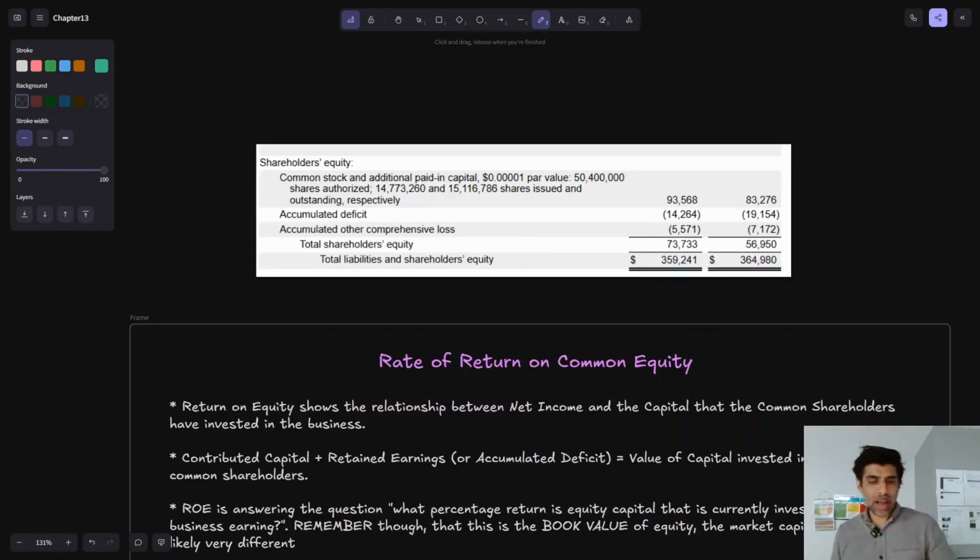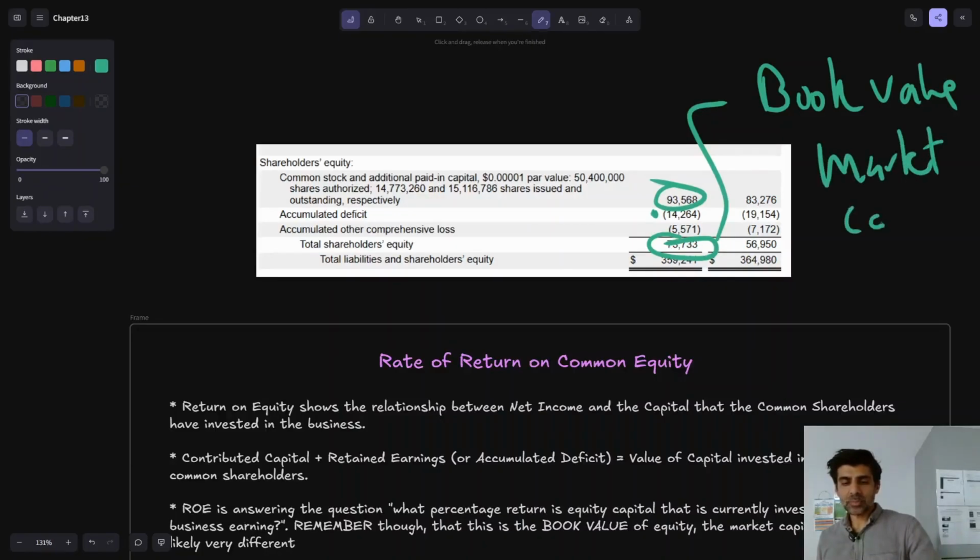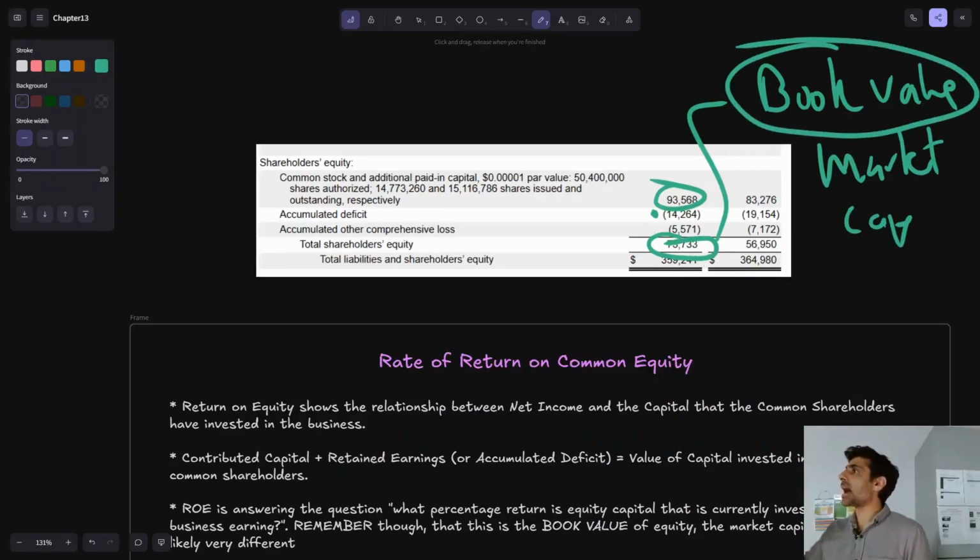Okay. Through paid in capital, which is here. And in this case, it's an accumulated deficit. But this is what we call the book value. It's different than the market cap, as we talked about. But the book value, again, is related to how much capital is actually invested from investors.